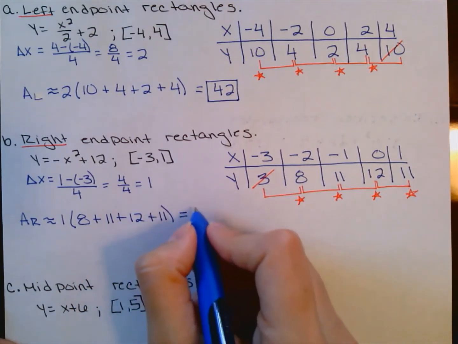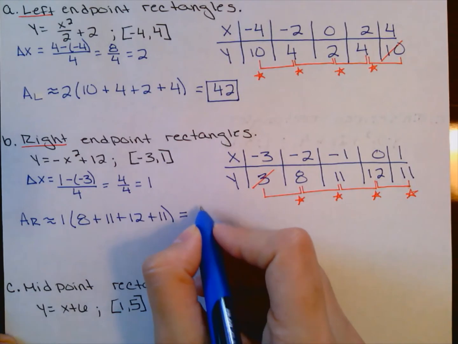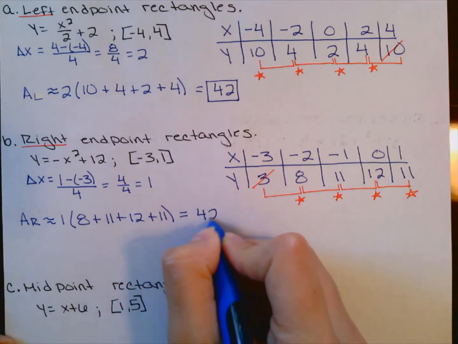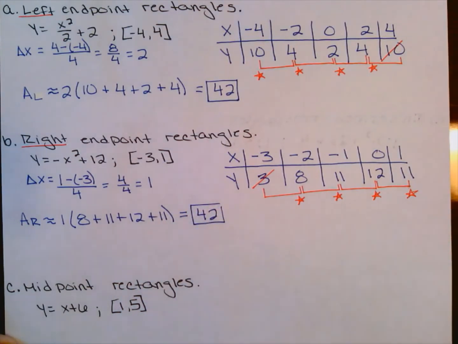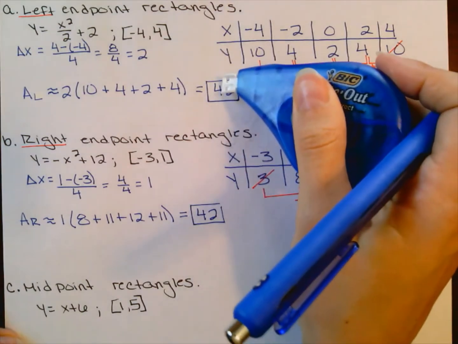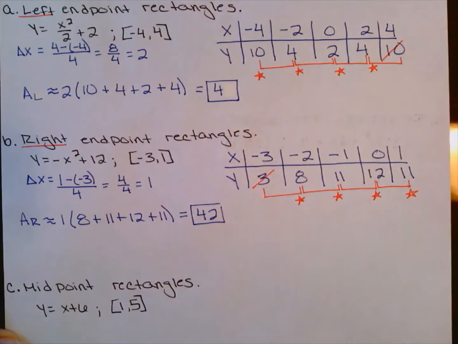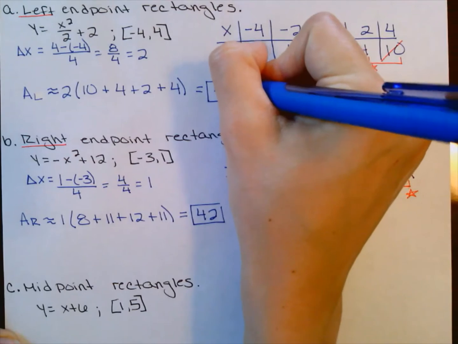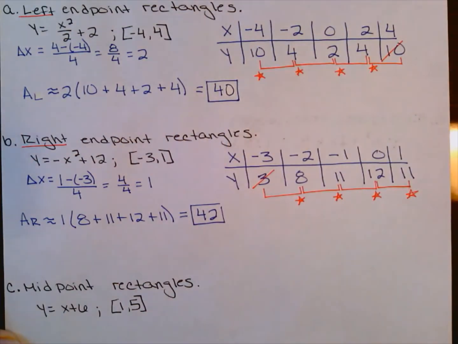And this gives me 40. Oh my goodness, I had added wrong on the last one. Look at me. I apologize. This should have given me 40. Just looking at my answer key and caught myself. All right. Sorry about that.